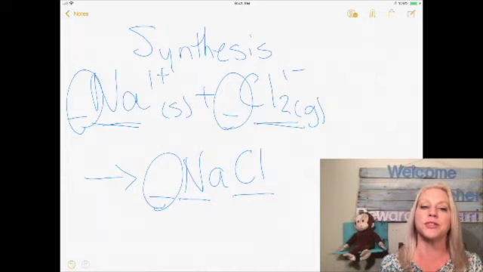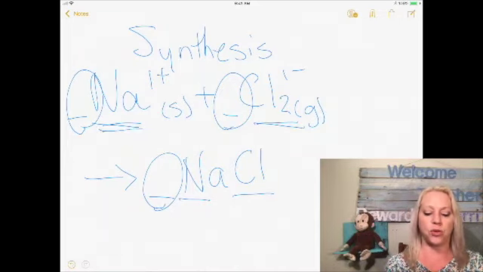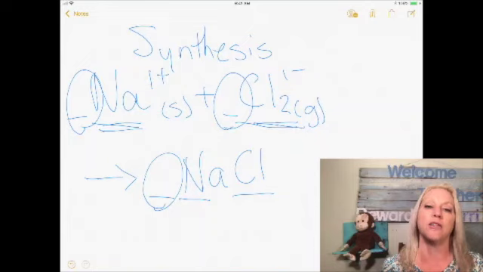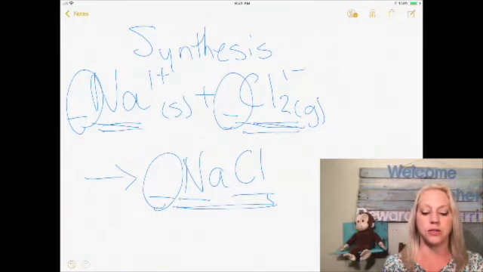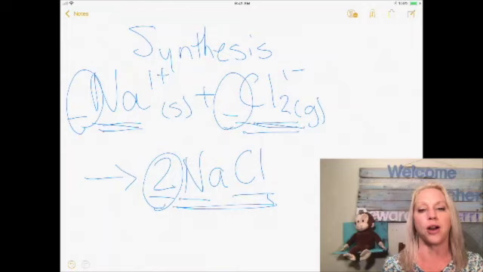So in order for sodium and chlorine to react, we have to change the number of moles to get sodium chloride. Since we have 2 chlorine, we need to have 2 chlorine in the products. So we can add a 2 in front. Now we have 2 chlorines and 2 sodiums in our products. But notice in our reactants, we still have just 1 sodium.